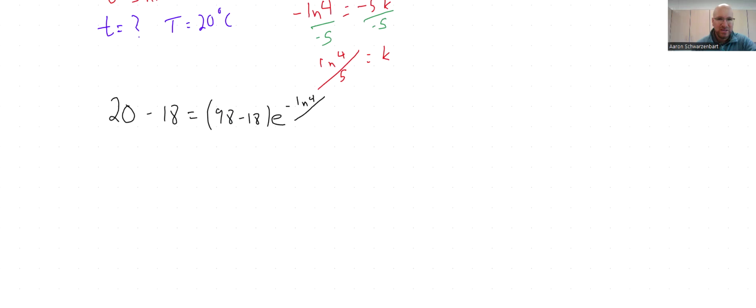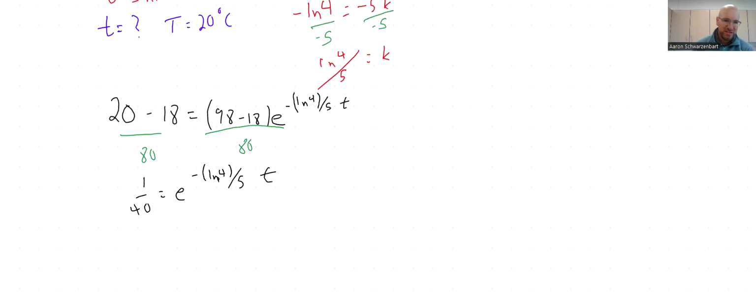We'll write it like that. So this 98 minus 18 is 80 again. 20 minus 18 is 2. So I end up with 1 over 40 equals e to the negative ln 4 over 5 t.